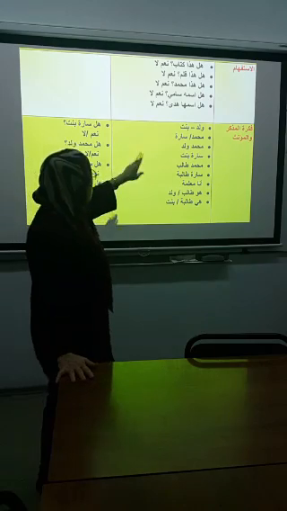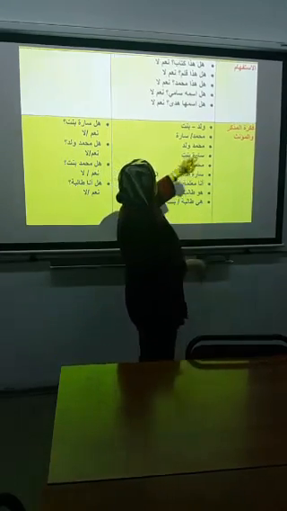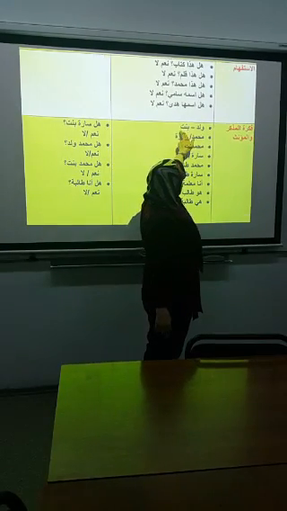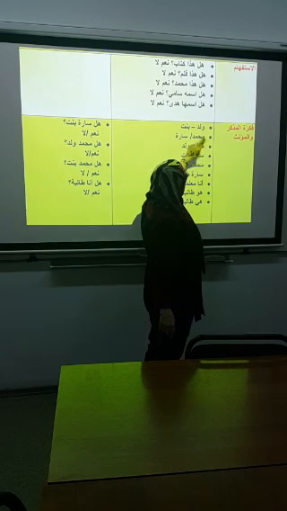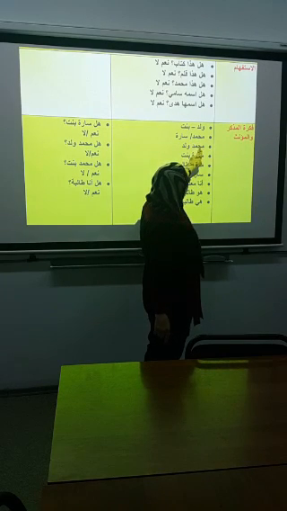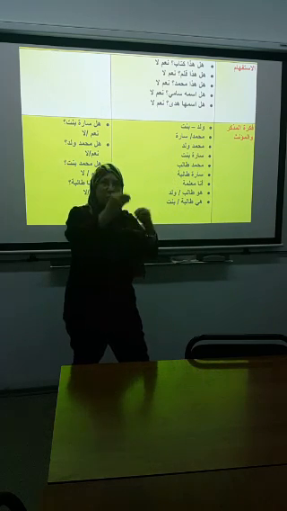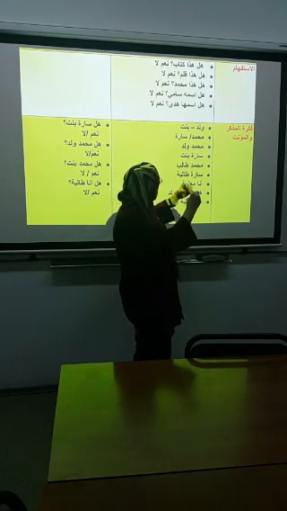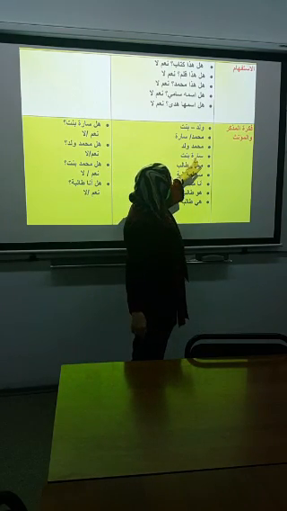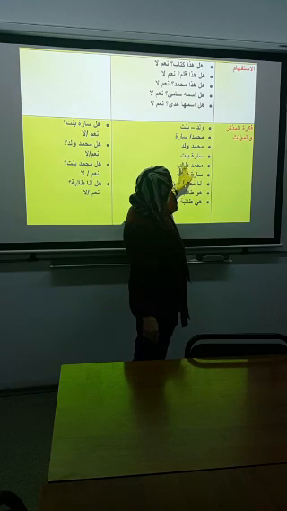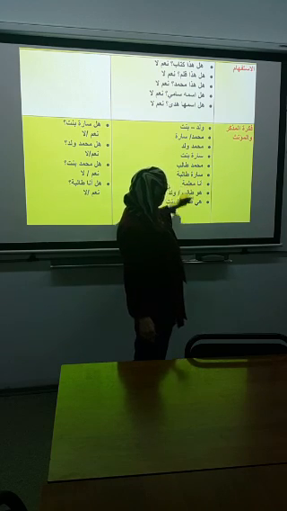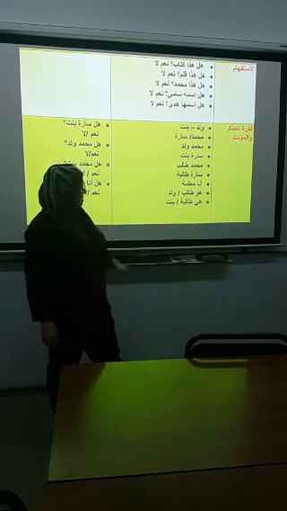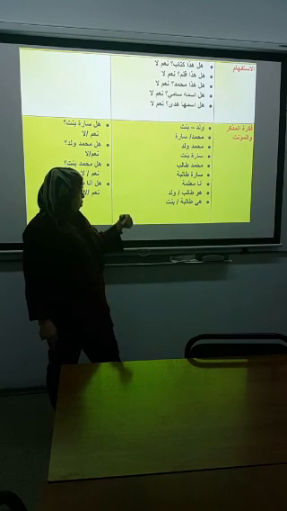Okay, so by contrast, هذا ولد, هذه بنت, هذا محمد, هذه سارة, محمد ولد, سارة بنت. Okay? We put the words in new combinations. The words that they already know, we put them in new combinations. سارة بنت, محمد طالب, سارة طالبة, أنا معلمة, هو طالب, هو ولد.